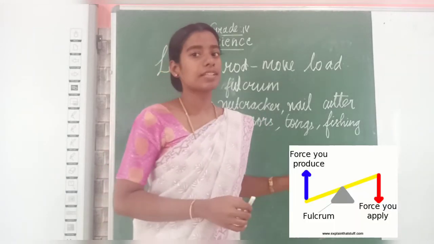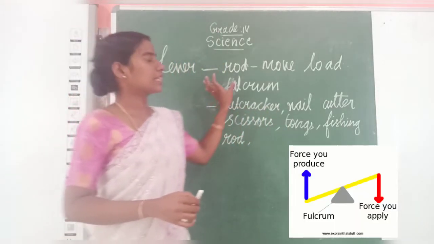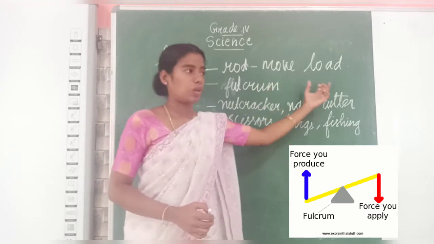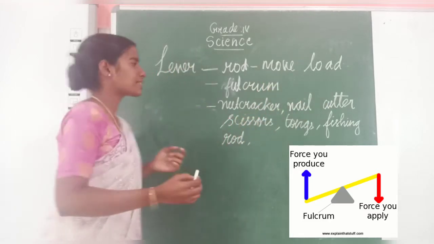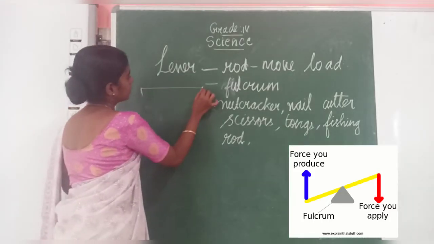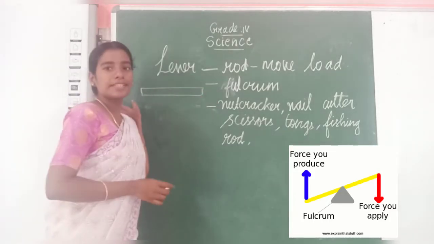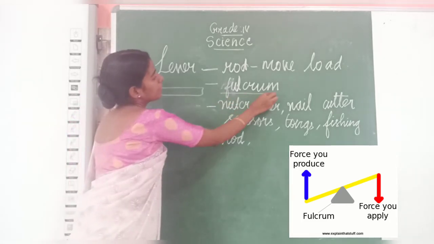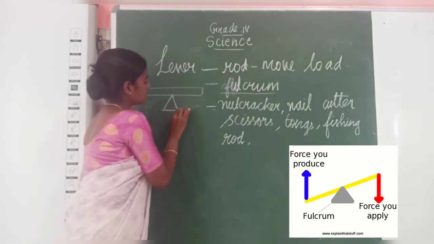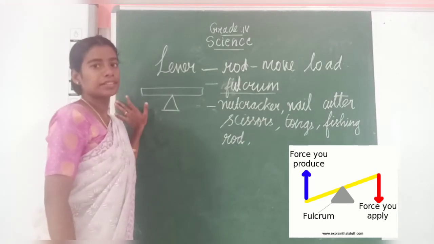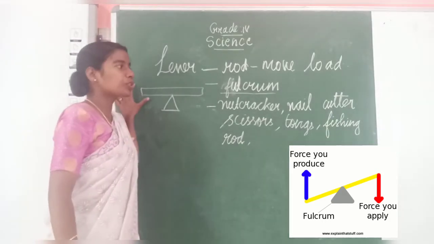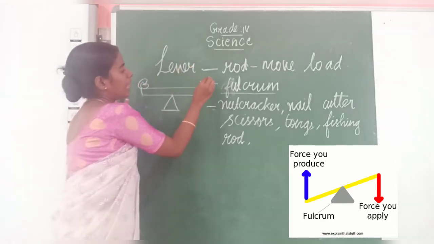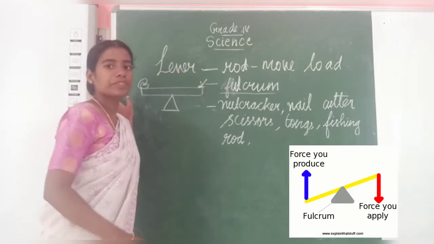Next machine is lever. Lever is a rod. It is used to move a load. In the center, the support point of this lever is called fulcrum. On one side we will have the load which has to be moved, and on the other side you have to apply the force.